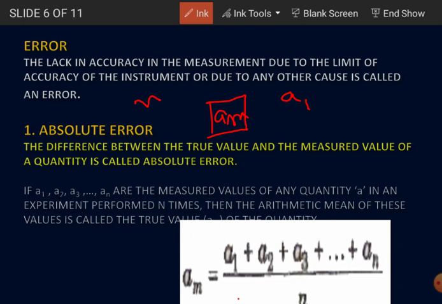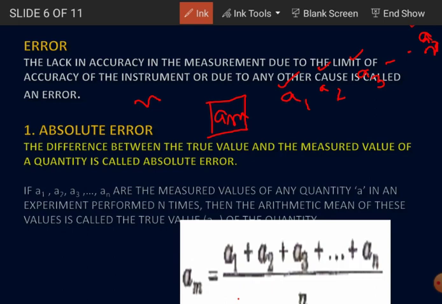Suppose in the measurement of mass, a1 is the first measured value, a2, a3, and so on up to an, the masses of the body found to be a1, a2, a3, and so on up to an.